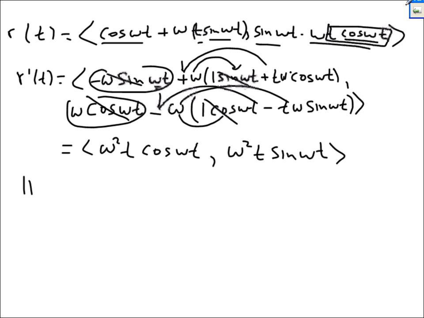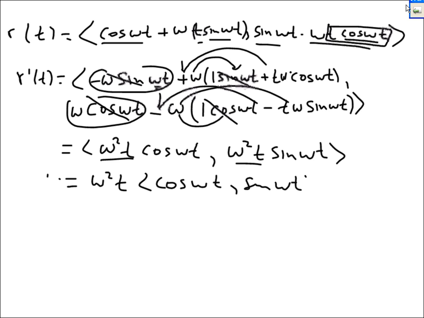What is the length of r prime of t? In fact, maybe it's best to factor this out. Haven't been doing that lately, but maybe it's not a bad idea to factor out what's common, like omega squared t. So this here is omega squared t times cosine omega t, comma, sine omega t.